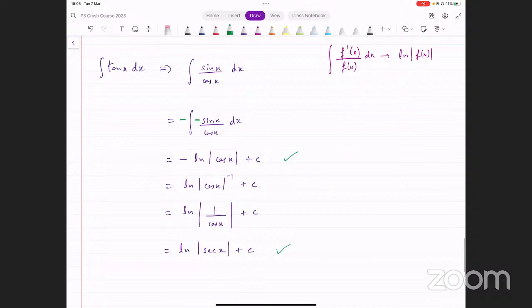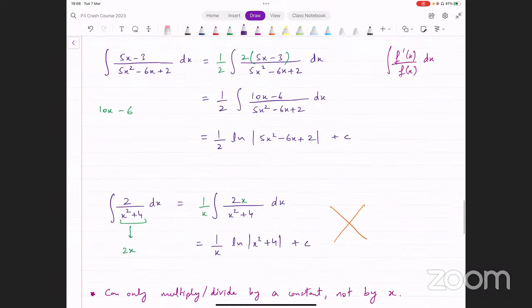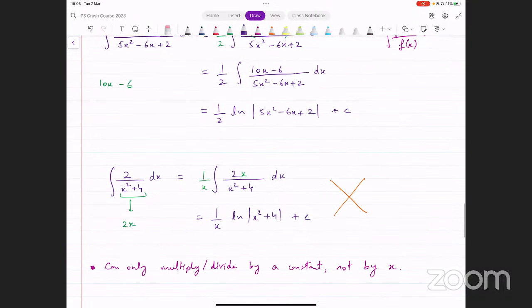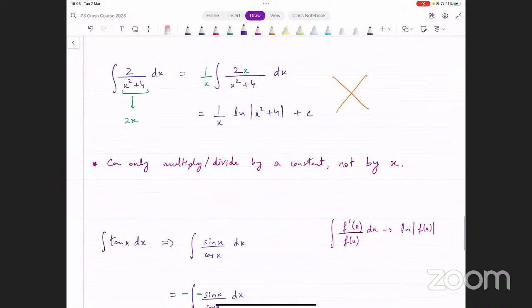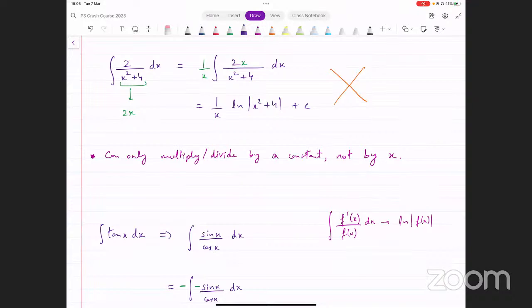We also learned that tan is integrated using this particular rule, because when we integrate tan, we say it can be written as sine over cos, and then we could convert it to that form and find the integral. While we do this, we have to keep in mind that when we are multiplying or dividing to convert something into the form where the derivative of the denominator is in the numerator, we can only multiply or divide by constants, not by x.